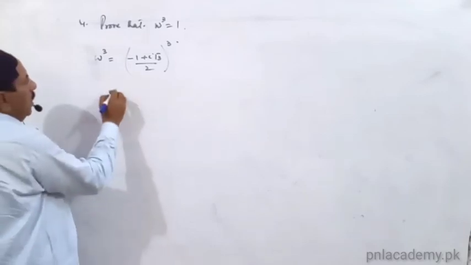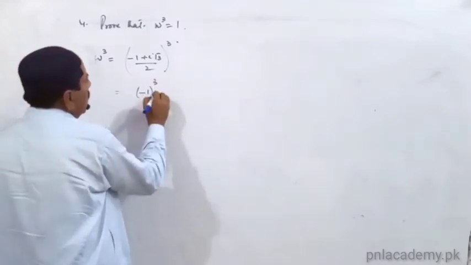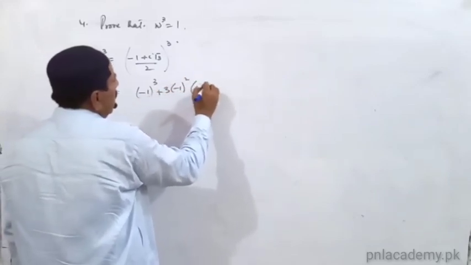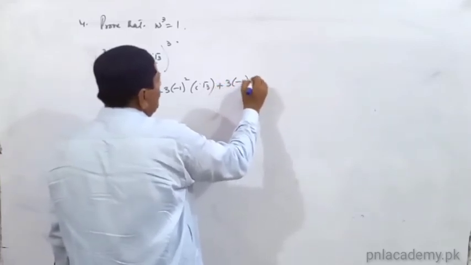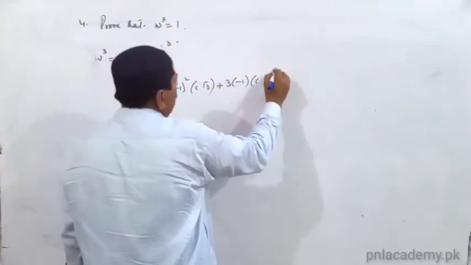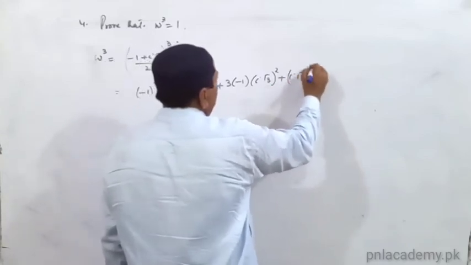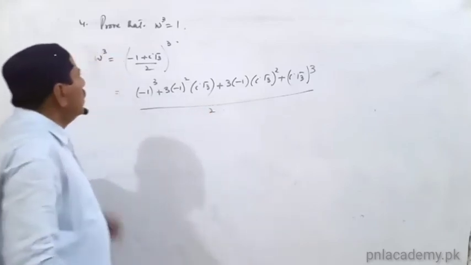So this will be minus 1 cube plus 3 into minus 1 whole square into iota radical 3 plus 3 into minus 1 into iota radical 3 whole square plus iota radical 3 whole cube, upon 2 cube.